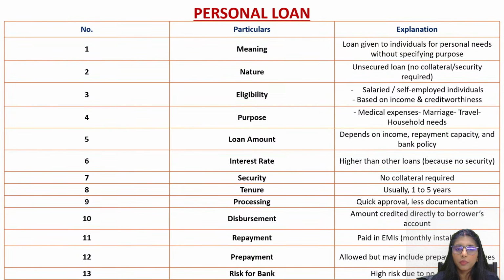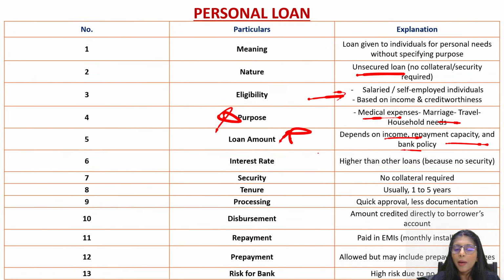Personal loan. The personal loan is a loan given to an individual for his personal need without specifying the purpose why he requires the loan. It is an unsecured loan, so no collateral security is required. Eligible: salaried, self-employed individuals based on income criteria, and purposes like medical expenses, marriage, travel, household, anything. Loan amount depends on income, repayment capacity, and bank policy.